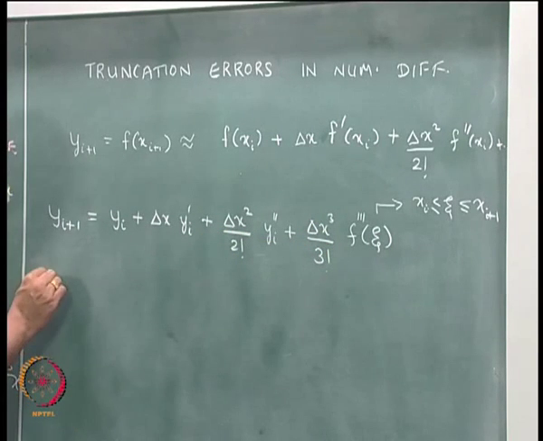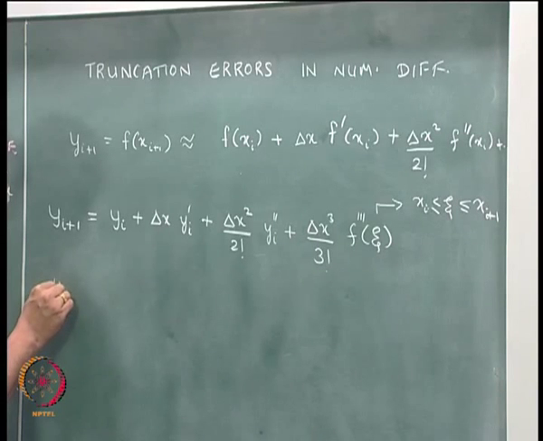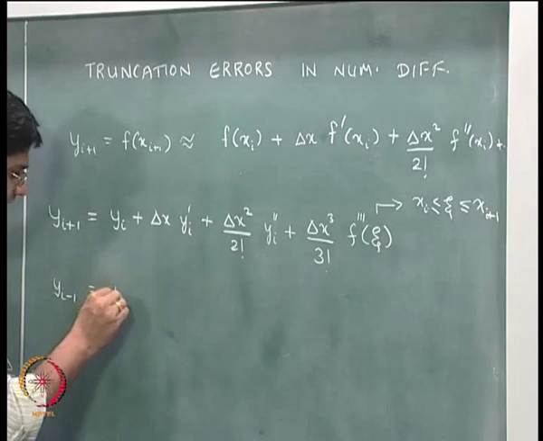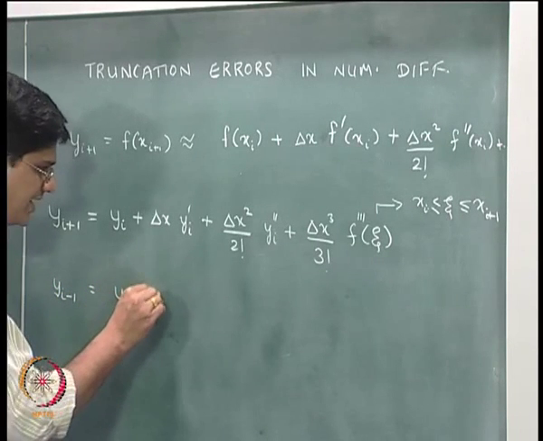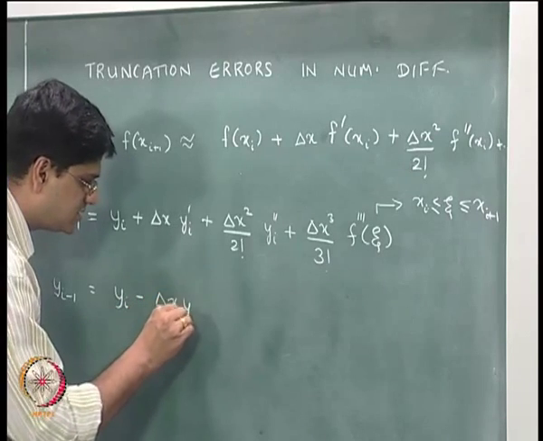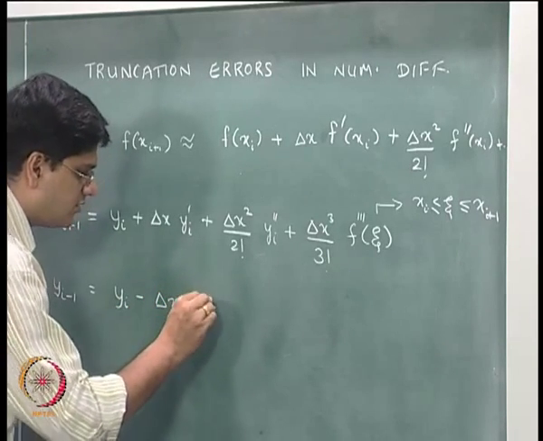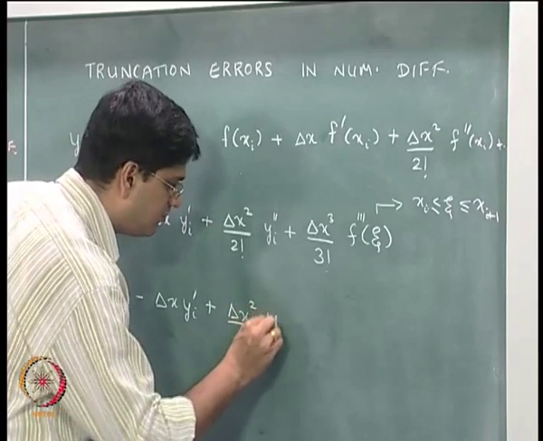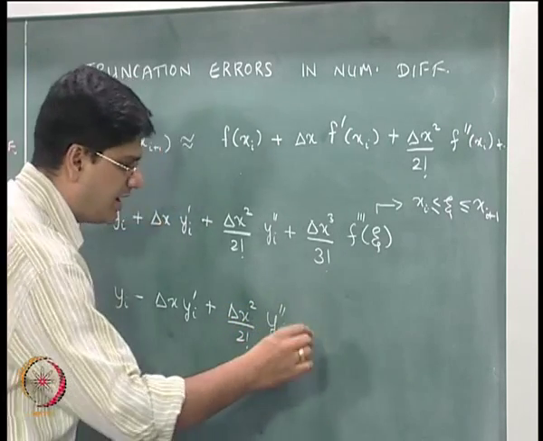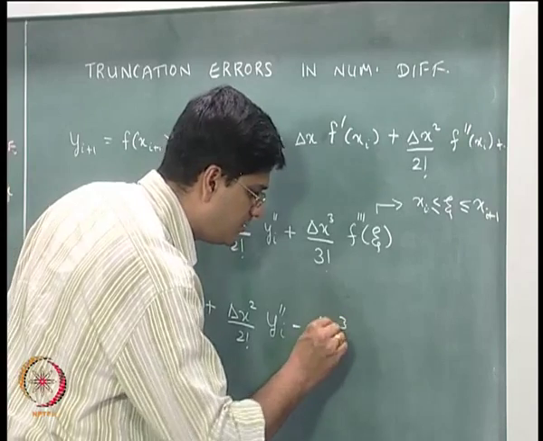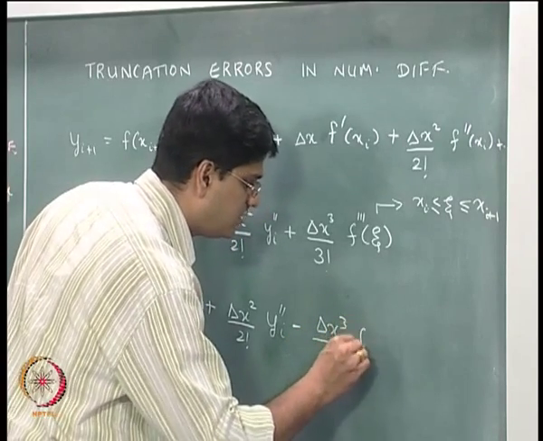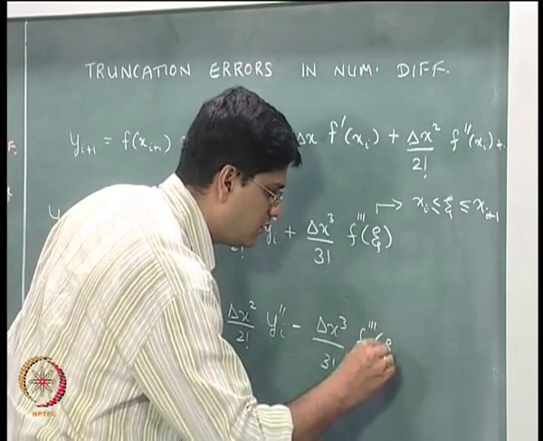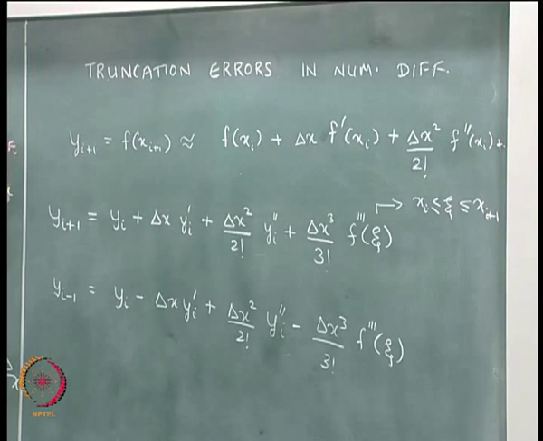Okay. Likewise, we will be able to write y i minus 1 as y i minus delta x times y dash i plus delta x squared by 2 factorial y double dash i minus delta x cubed by 3 factorial f triple dash of zeta. Okay. Now what we will do is subtract these two equations.